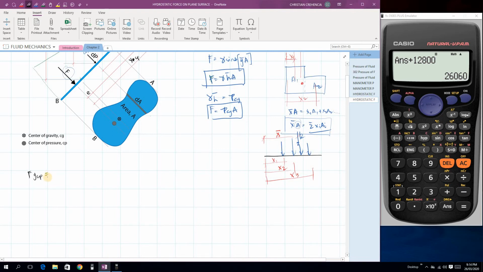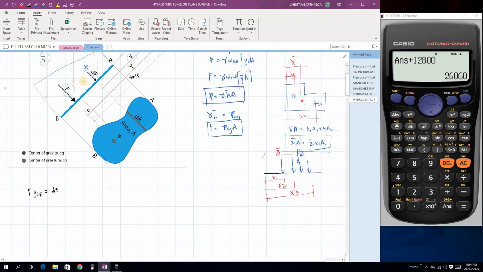yung differential force dF natin. So kasi kung meron tayong differential area dito, meron tayong differential force. Okay, then yung differential force natin is merong distance y from the liquid surface.